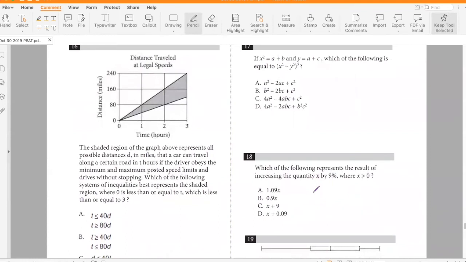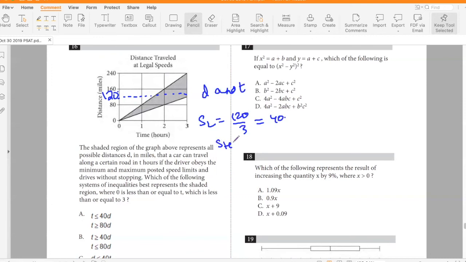Okay, so we need to basically look at distance and time, right? So let's say I work with this right here, then here it's halfway, so it's 120, right? So the lower speed limit would be 120 by 3, which is 40.